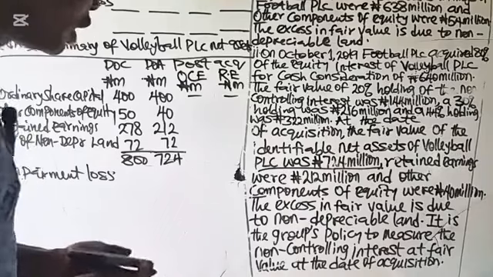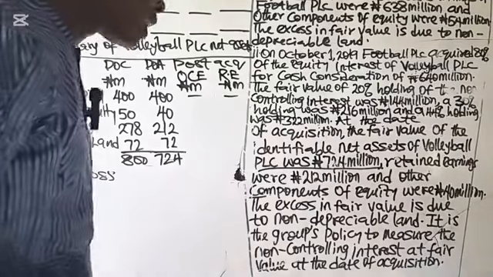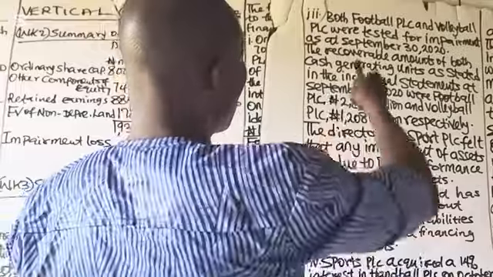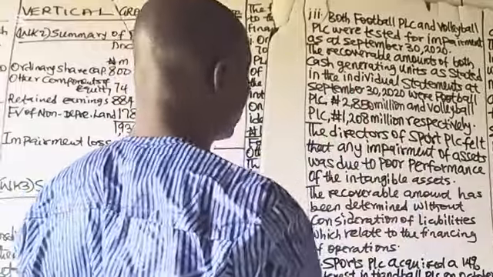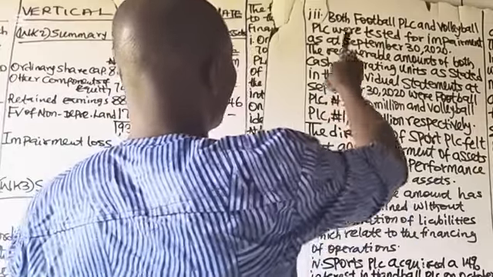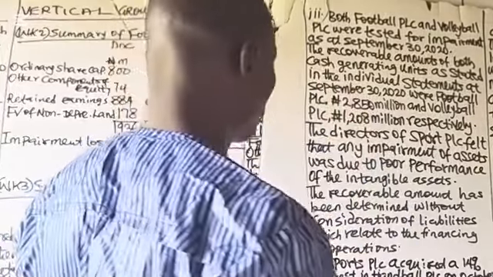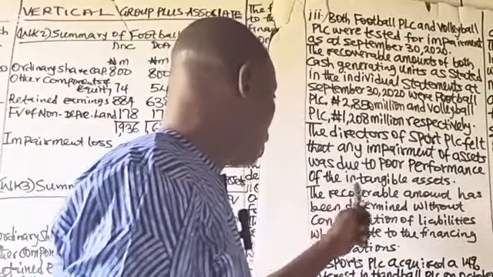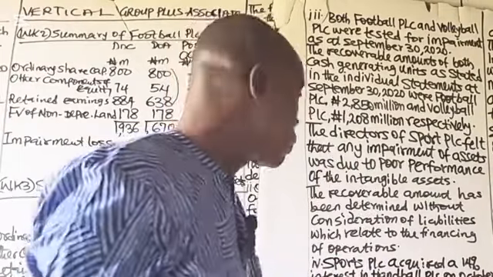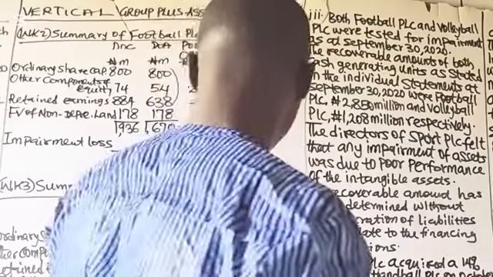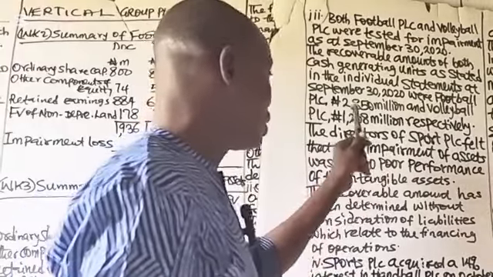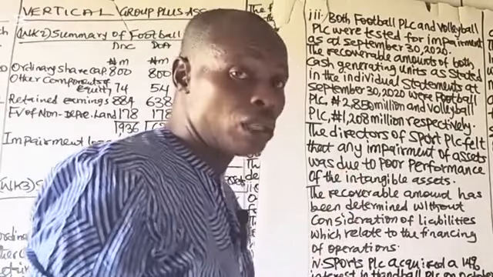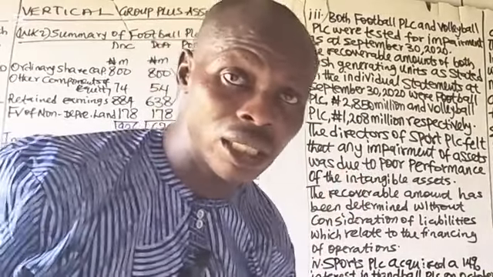So now let's go through the other notes. There are no other notes or additional information that affect Volleyball apart from note 3, where you are given the cash generating units. Before anything can be done on note 3, you must have calculated the goodwill before we can determine the amount of impairment loss that will be allocated to the cash generating units in accordance with IAS 36.